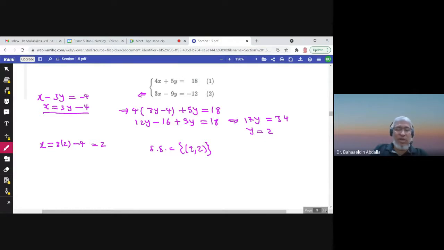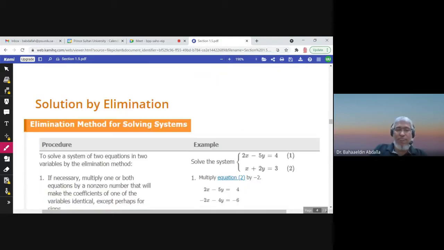So you put the coefficients 4, 5, 18, and 3, -9, and -12, and then the calculator will say x is 2 and y is 2, so our answer is correct.